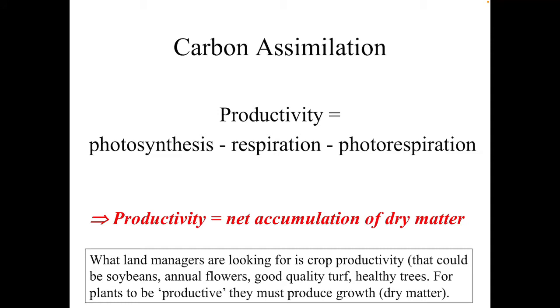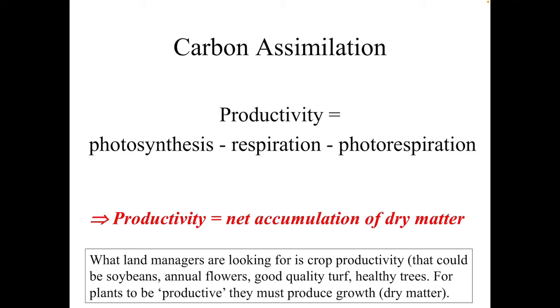What we are looking for is productivity. Productivity means the accumulation of, well, we would measure it in dry matter, but the accumulation of matter. Growth, in other words. So if you're a corn grower, you want your corn to grow big and tall and produce ears. If you are a petunia grower, you want those petunias to fill in and produce a lot of flowers.